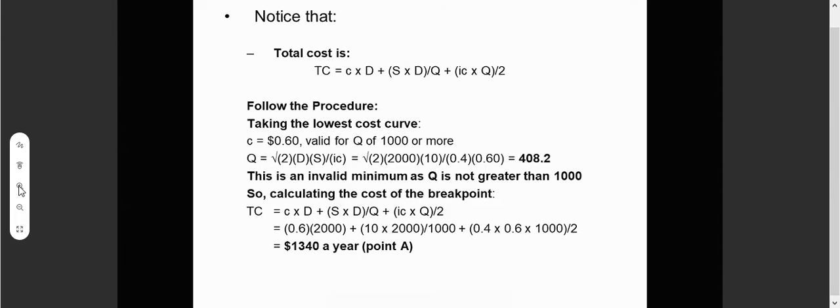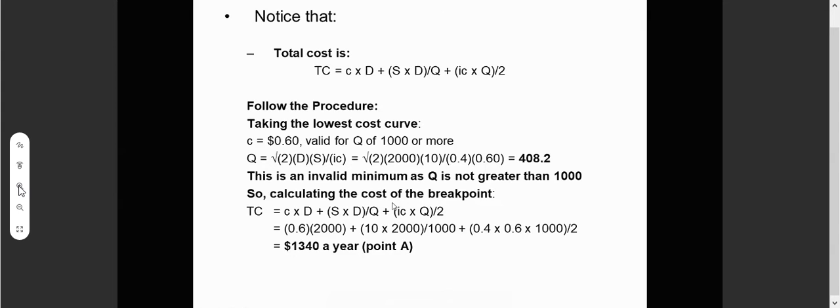So 2000 divided by Q, we get the number of orders per year. So the number of orders per year is 2. It means that 12 months divided by 2, we have 6 months. So every 6 months, we need to place an order of 1000 unit.